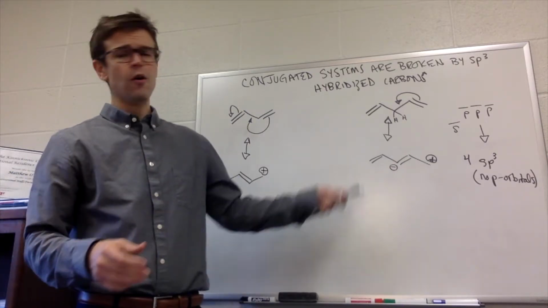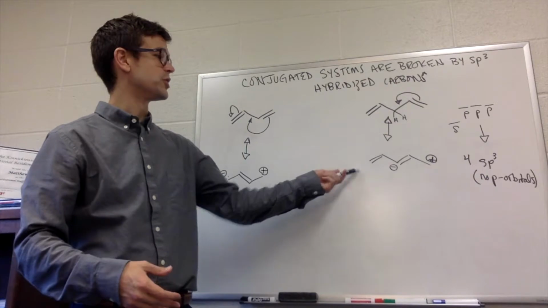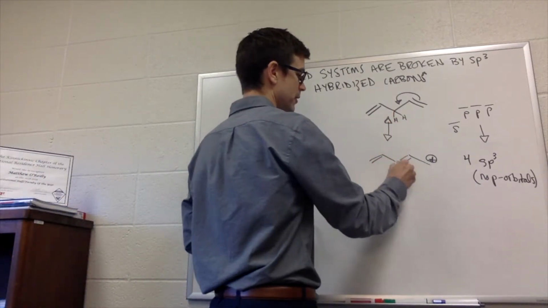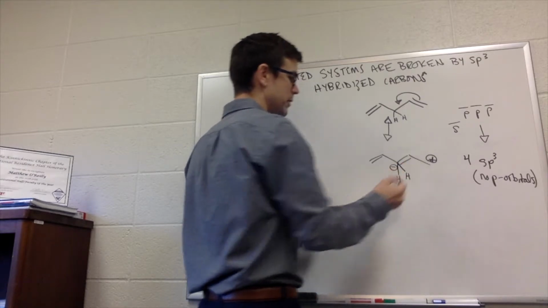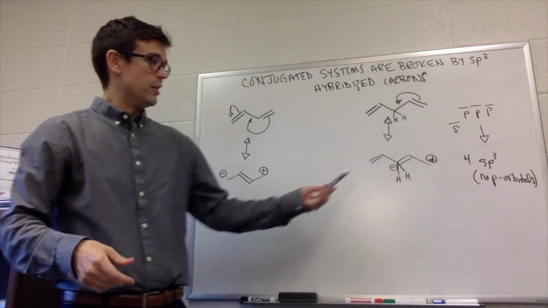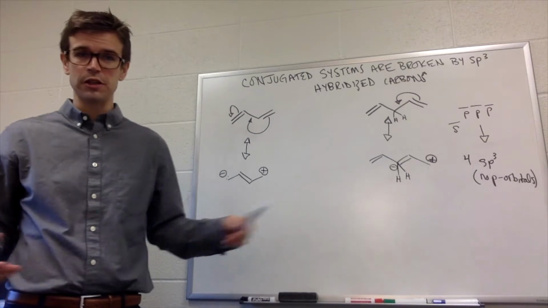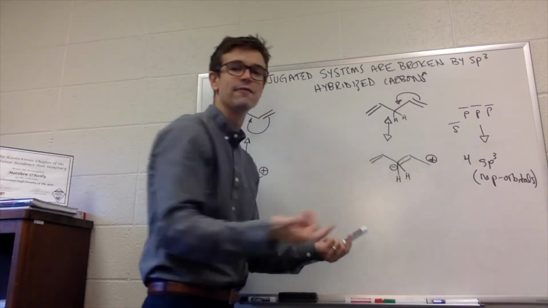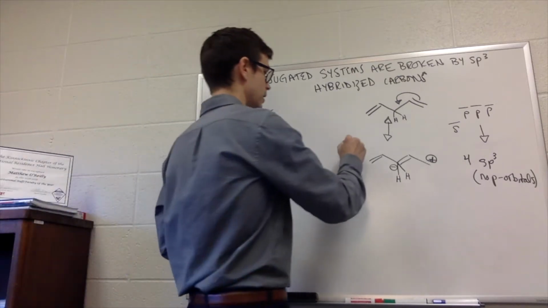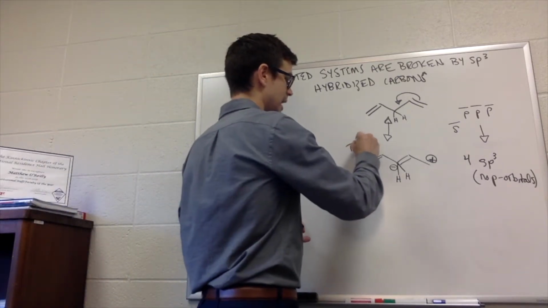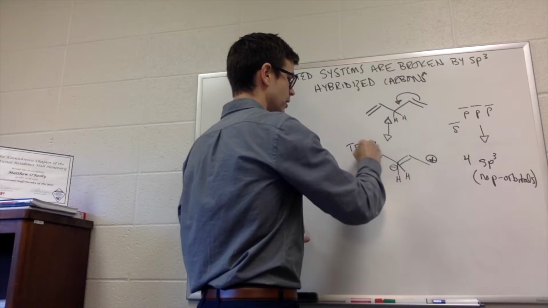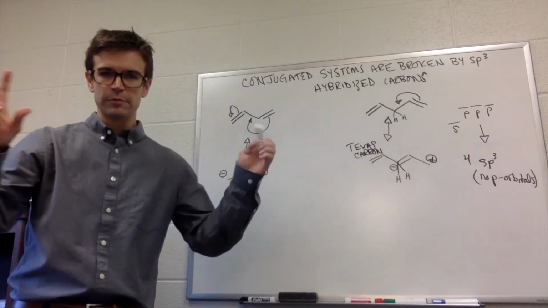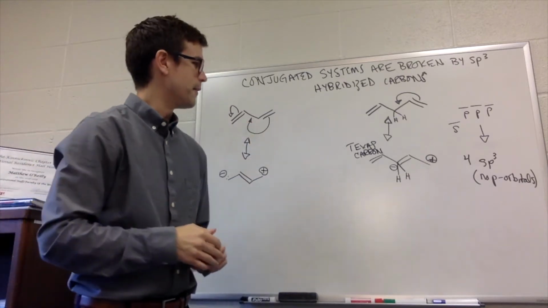Part 2 of why we can just tell that this structure can't be right: well, there were 2 hydrogens there. Nothing happened to those, so they would have to also be in this structure. So now that we see that, what's wrong with this structure? This carbon has 1, 2, 3, 4, 5 bonds. This is, again, as I've called it in the past, a Texas carbon. Why do I say that? Well, everything's bigger in Texas, right?